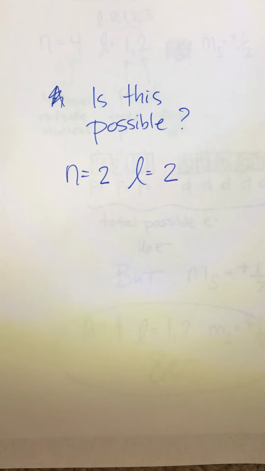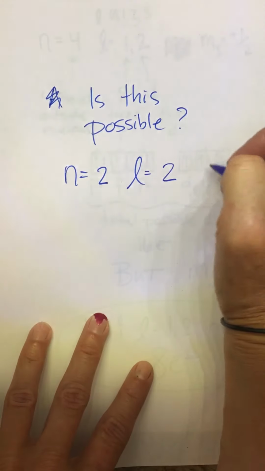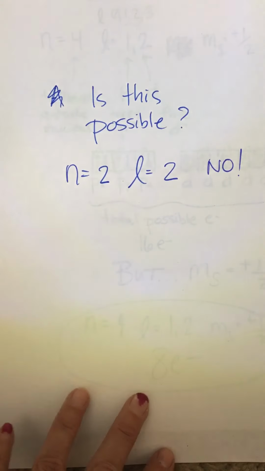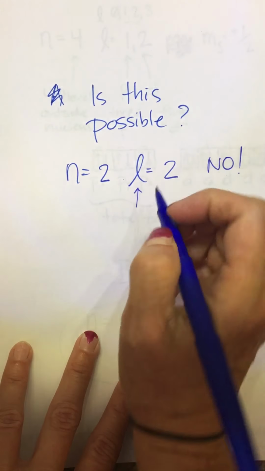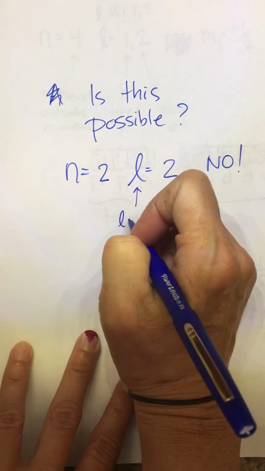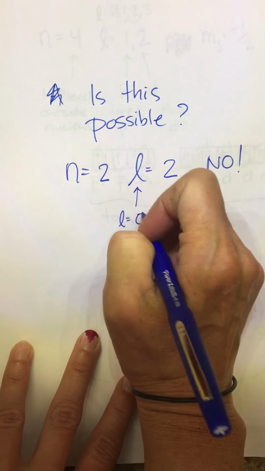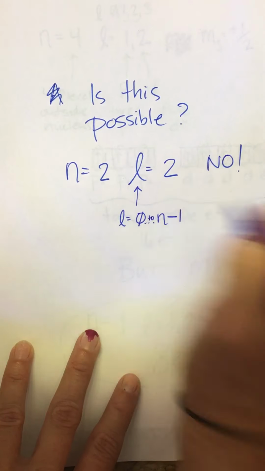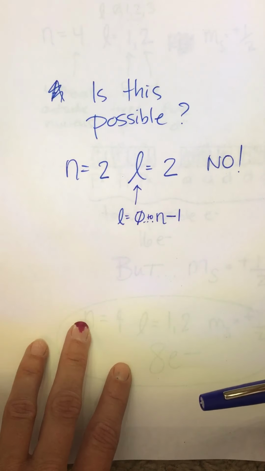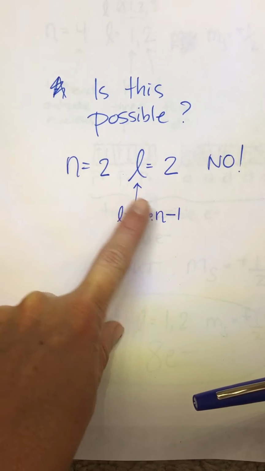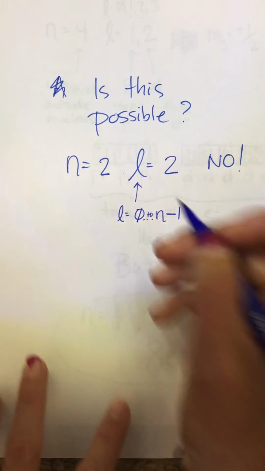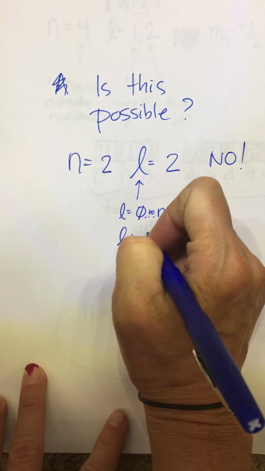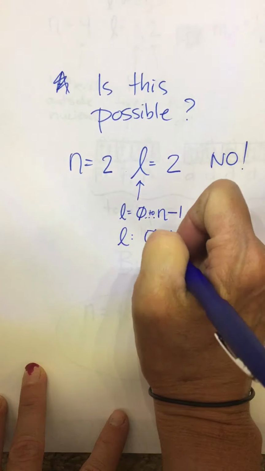Okay, the answer is no, because how do we find our values for L? L is found by taking everything starting from 0 to n minus 1. Okay, so if I put my 2 here, my L values can only ever be 0 and 1.